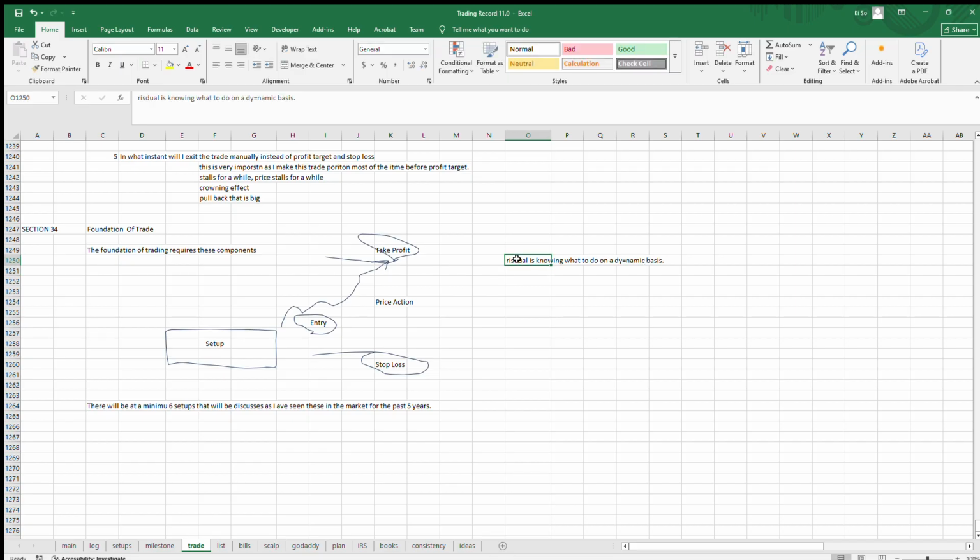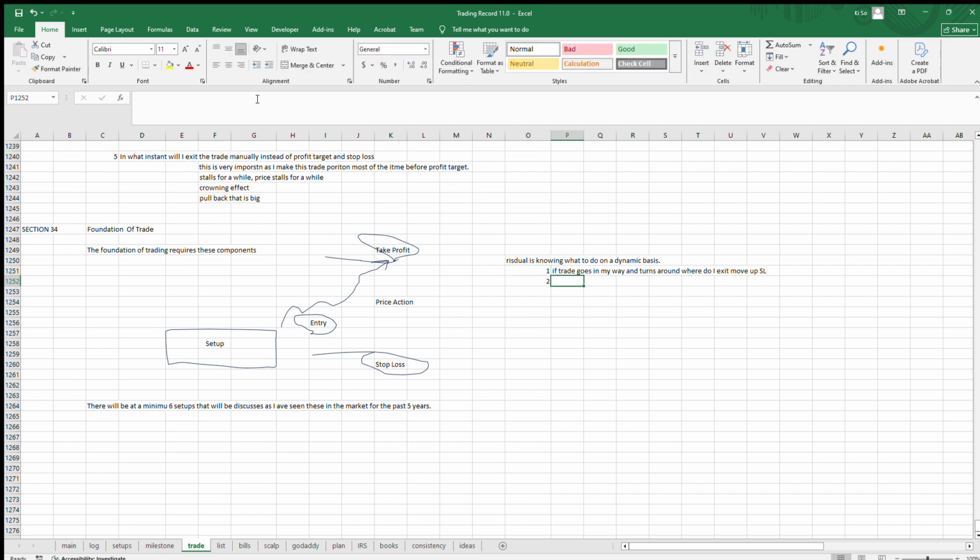If the trade goes in my way and turns around, where do I exit? Move up the stop loss, or whatever that is. So that's one thing that I need to be aware of.